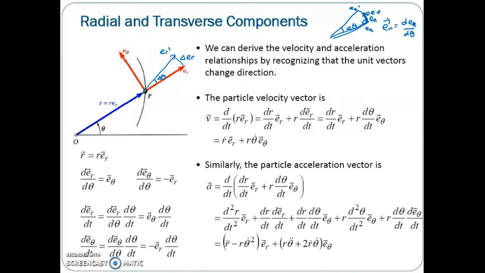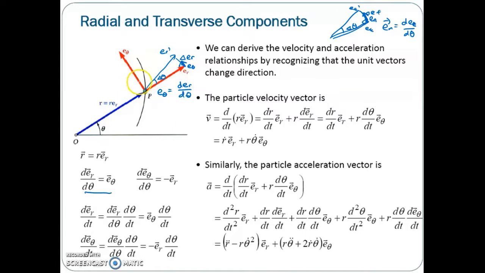So when this delta theta is approaching 0, then this unit vector is perpendicular to our e_r, which here is our e_theta. So e_theta is equal to de_r over d theta. That gives us this.